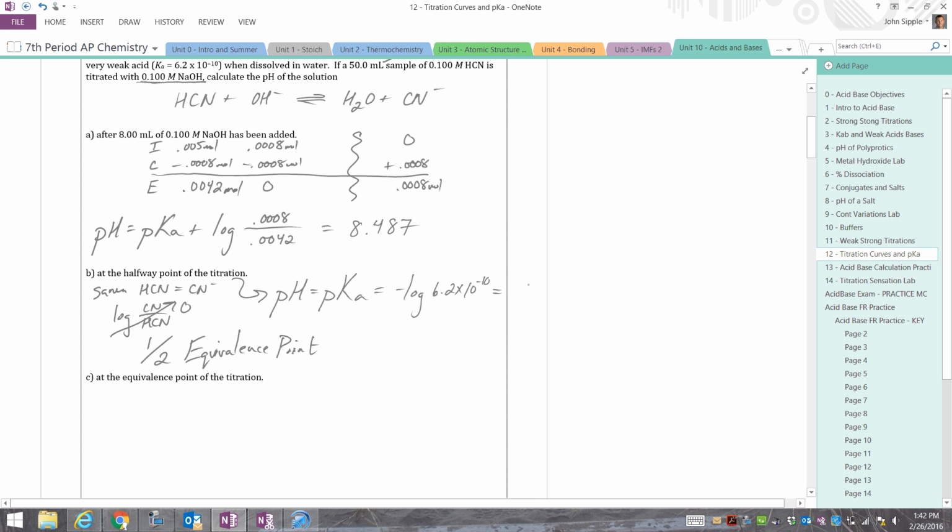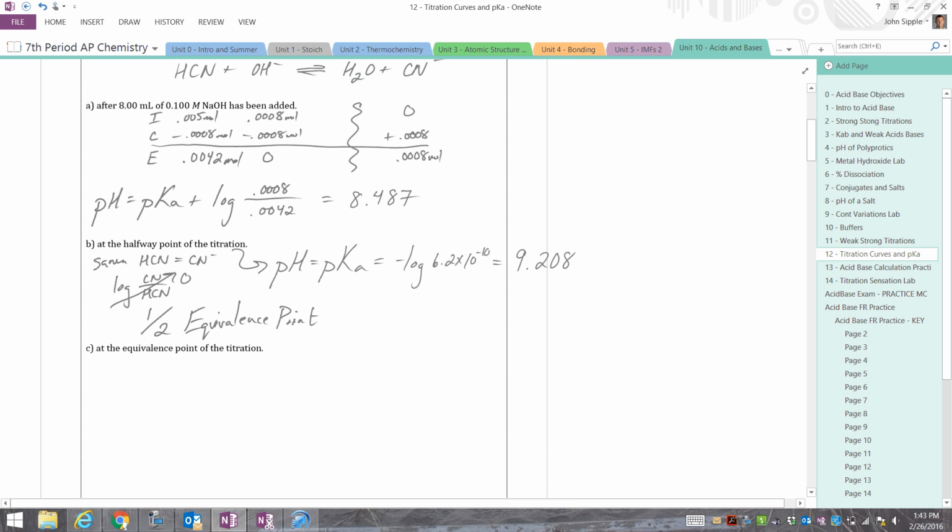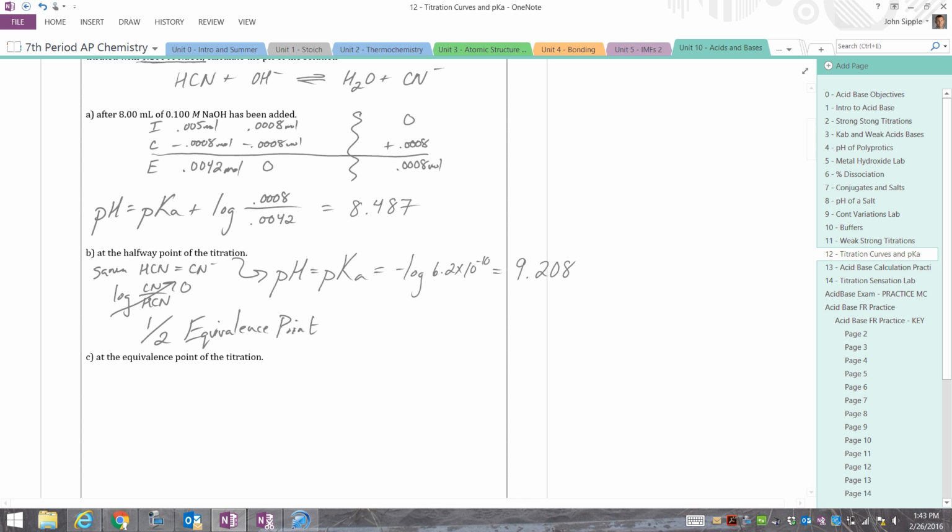So that was 9.208, and that is pretty much the answer there, 9.21. All right, so that's the halfway point. That means we've added enough hydroxide to have the same amount of our acid and our conjugate in solution. So that's a very nice, easy calculation to do there.